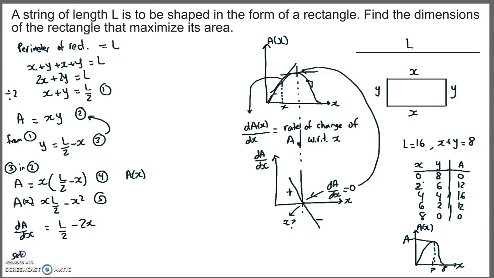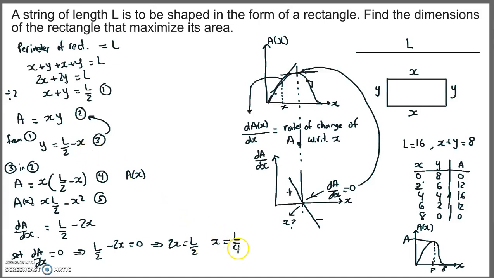So let's set dA by dx equal to 0. So that gives us L over 2 minus 2x equals 0. That gives us 2x equals L over 2, or x equals L over 4.